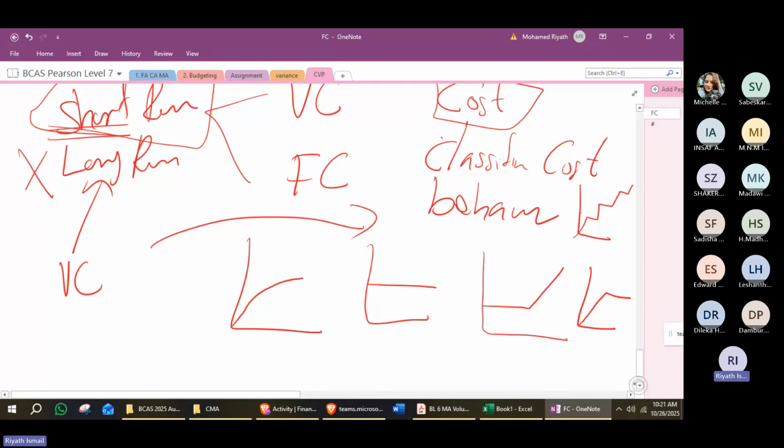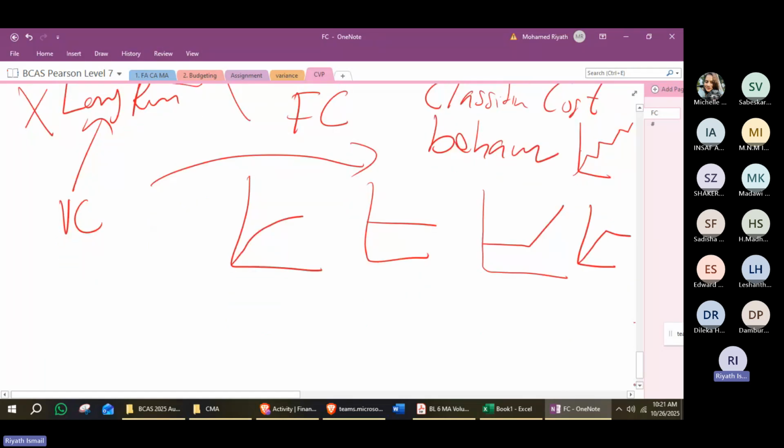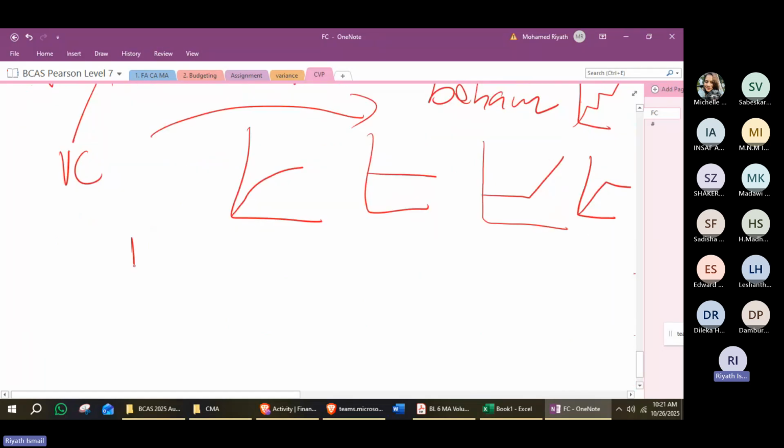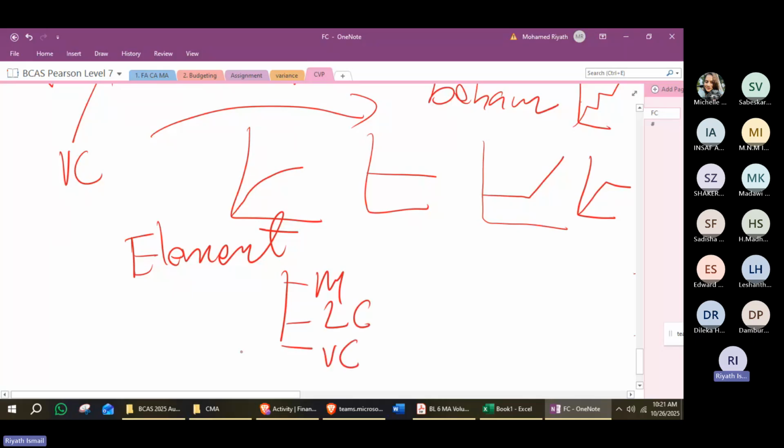And also we classify the cost based on cost elements. How do we classify the cost based on the elements? Material cost, labor cost, and overhead cost.